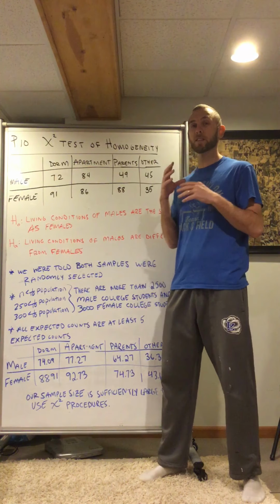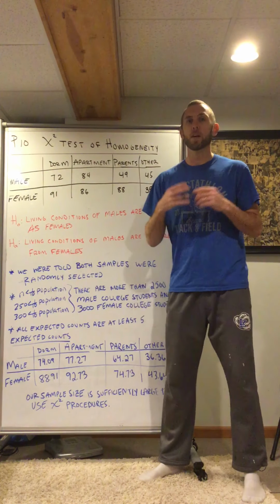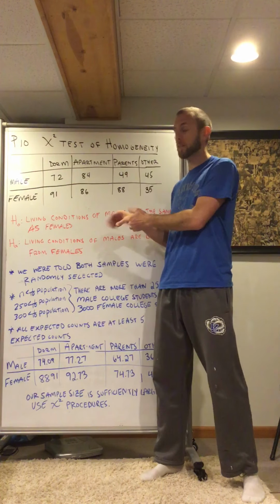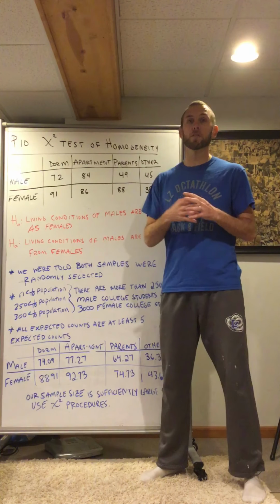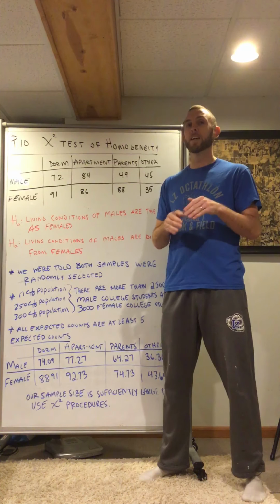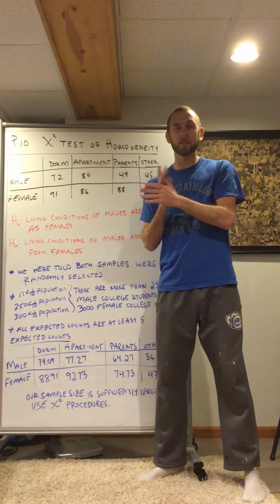There are only some very subtle differences, and one of those differences is the phrasing of your hypotheses and your conclusion. At the end of this video, I'll also highlight some of those differences because that really is the hardest thing to recognize, the difference between homogeneity and independence.